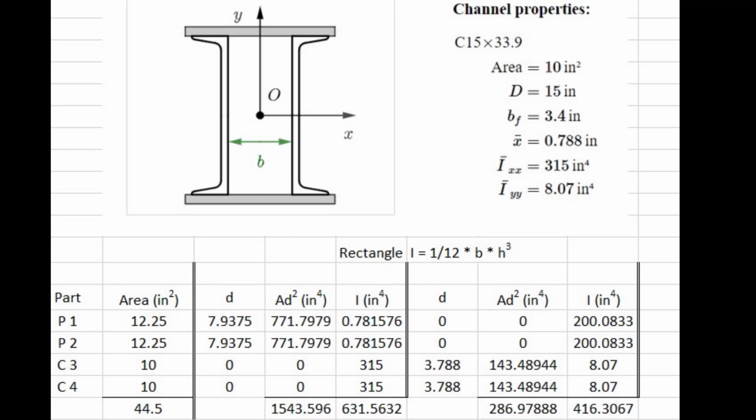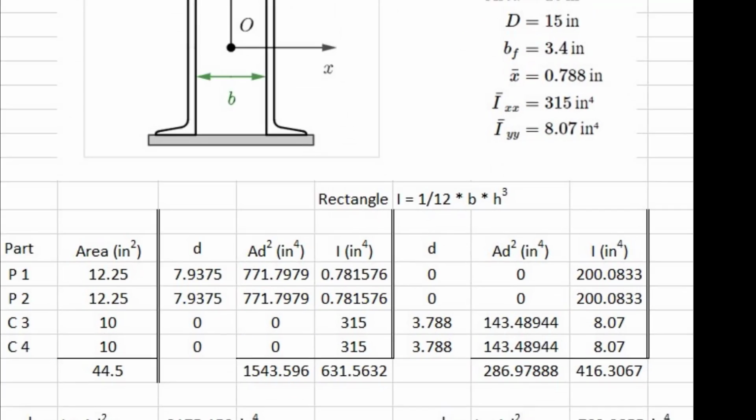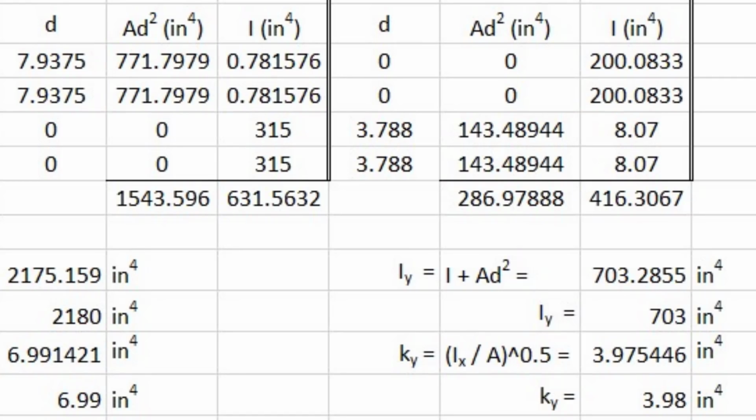So it's much larger, as you'd expect, because it's oriented in such a direction there. And then we're going to calculate the moment of inertia around the y-axis, which is, again, the summation of those I and A times d squared, or area times d squared. And that results in 703 inches to the fourth. The radius of gyration in the y results in 3.98.